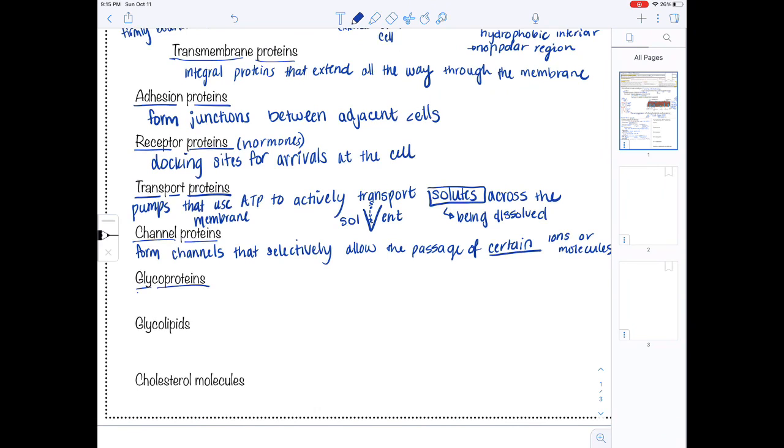Now, our glycoproteins are our cell surface markers. They're exposed on the extracellular surface and they play a key role in cell recognition and adhesion.